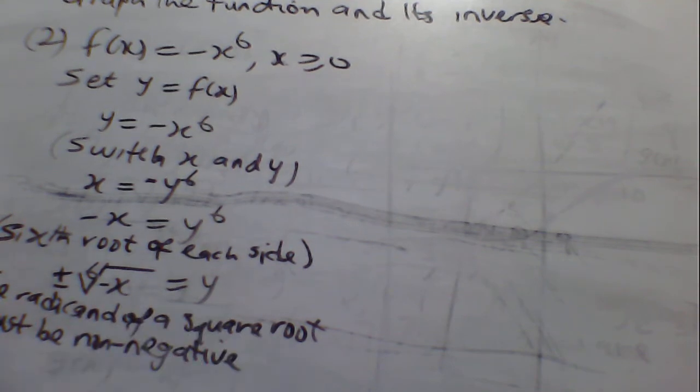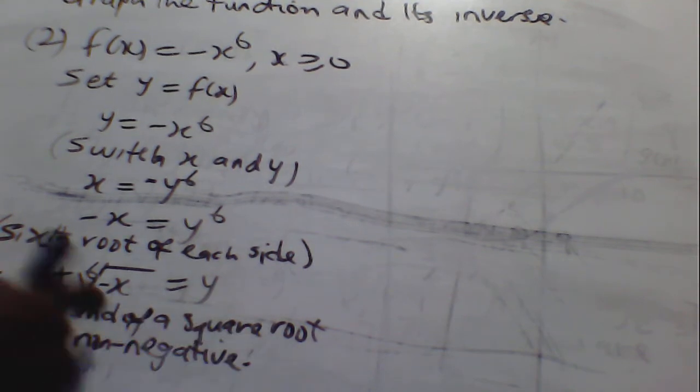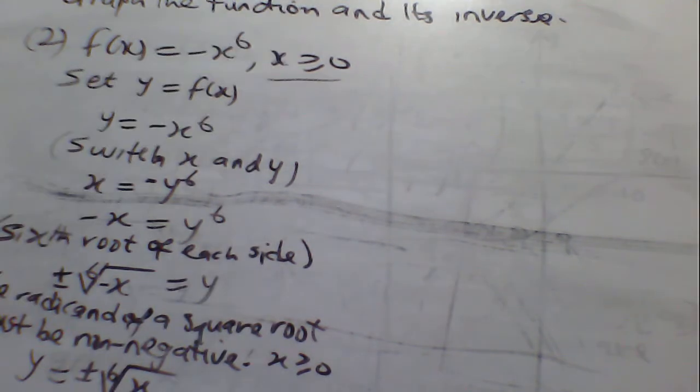Must be what? Non-negative. And for such reason we drop the negative sign. In this case we have y equals plus or minus the 6th root of x. Drop the negative. That is the first thing. The radical of a square root must be non-negative. In this case x is greater than or equal to 0, already given. So the first thing is to drop the negative.